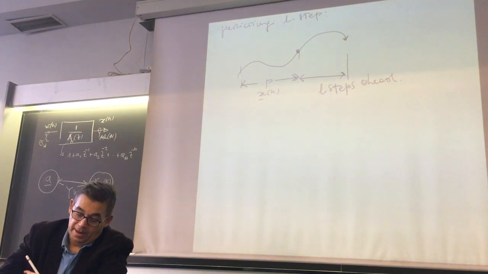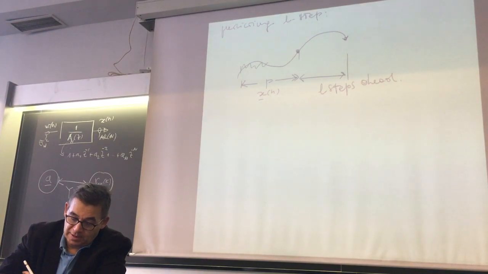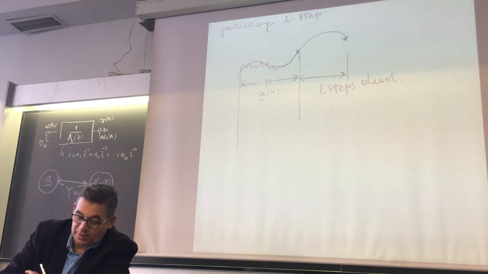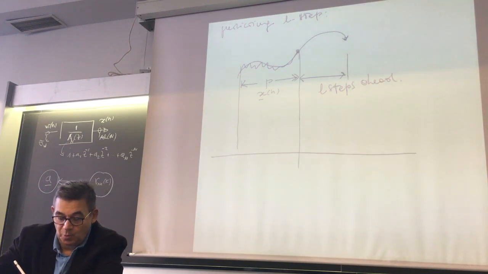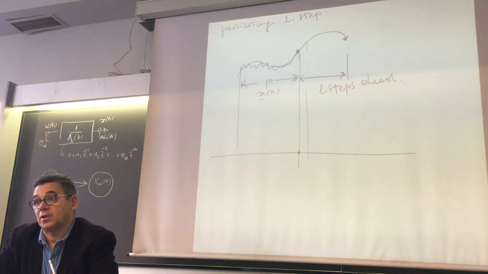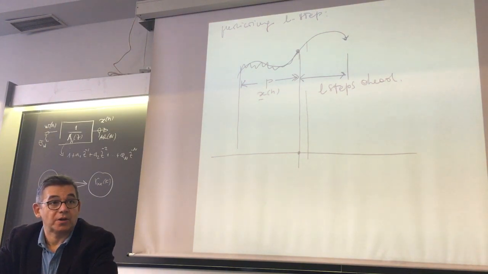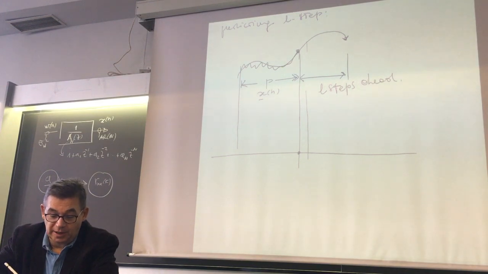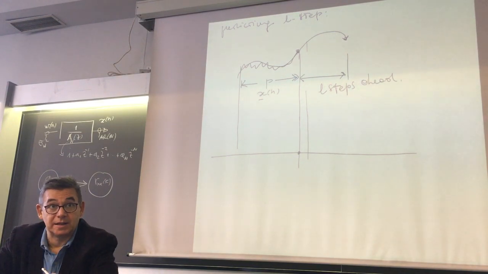If I have my data and I want to predict forward one step ahead, I expect that the predicted value has a certain error, and this error is one that we can calculate analytically.